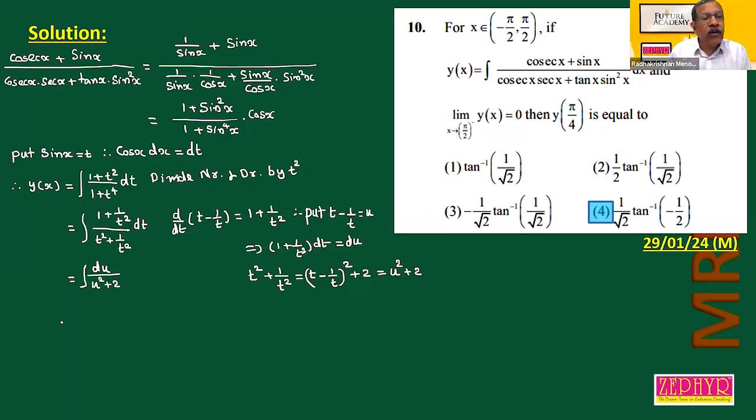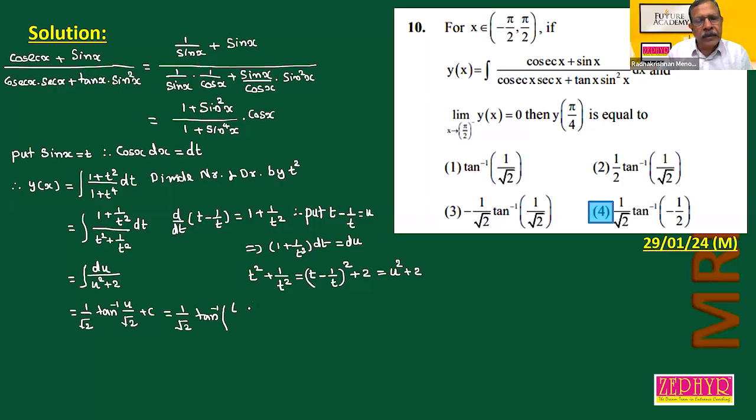The formula is 1 by a tan inverse x by a. So we get 1 by root 2 tan inverse u by root 2 plus c. What is u here? u is equal to t minus 1 by t.